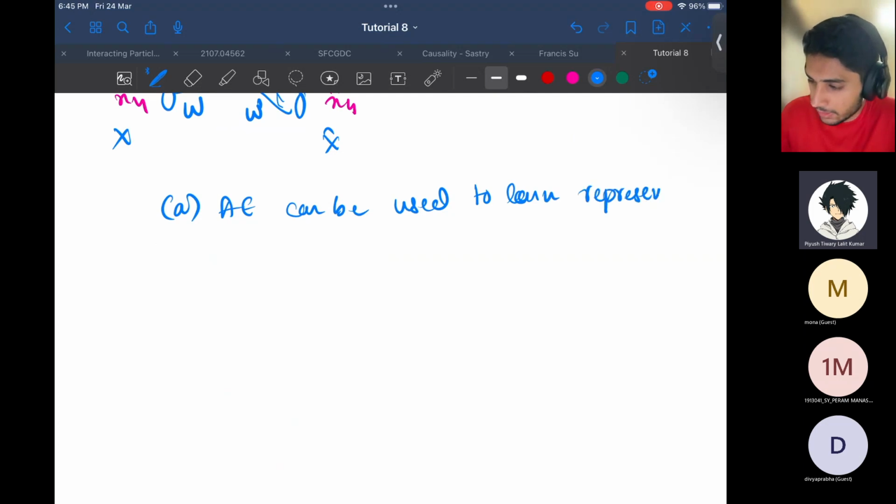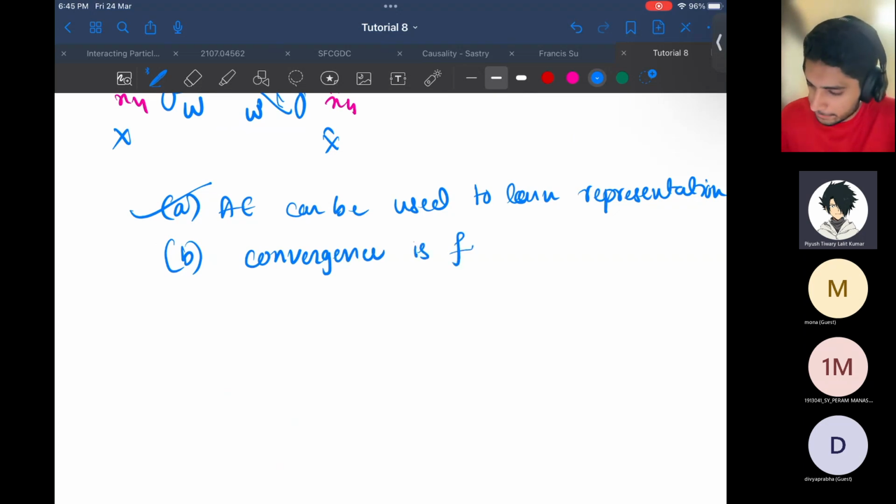Well, this is correct. Autoencoders are designed to work like that. What is the B option? We converge faster to a minima using unsupervised pre-training. The convergence is faster. Well, this is also correct.